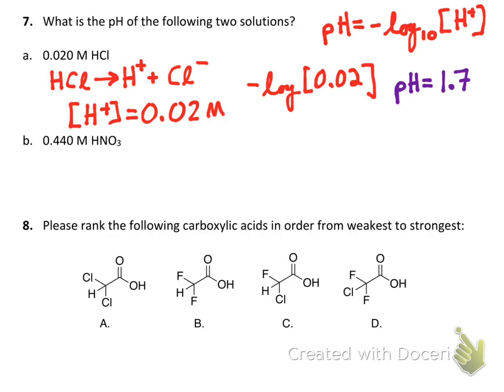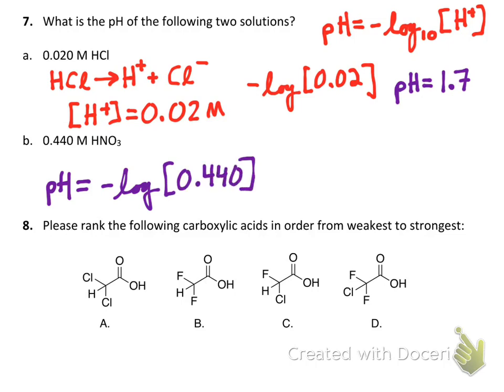Okay, so we're going to do the same thing again for the next one. The pH of this nitric acid solution is going to be equal to the negative log base 10 of 0.440, which gives us 0.36. That is quite a concentrated acid.